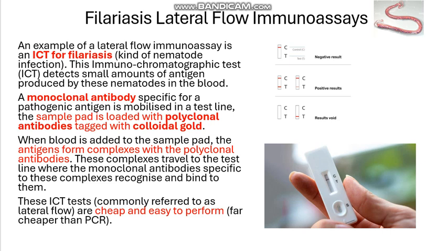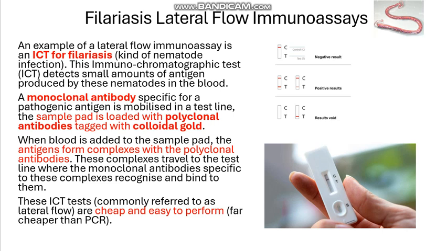The sample pad is loaded with polyclonal antibodies tagged with colloidal gold, which produces a color. When blood is added to the sample pad, the antigens form complexes with the polyclonal antibodies. These complexes travel to the test line, where the monoclonal antibodies specific to these complexes recognize and bind to them.